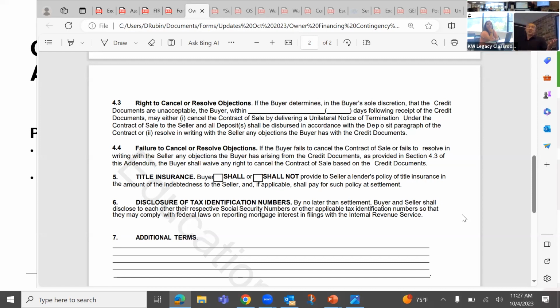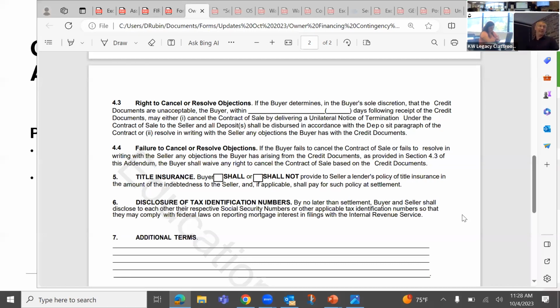To Mark's earlier question, let's say you already have an owner financing addendum that you've been using. I'm not sure if MAR is requiring you to use this one or if you can still use what you were doing, so I'm going to get some clarification there. But it's a great tool if you have a buyer that's interested in pursuing it.